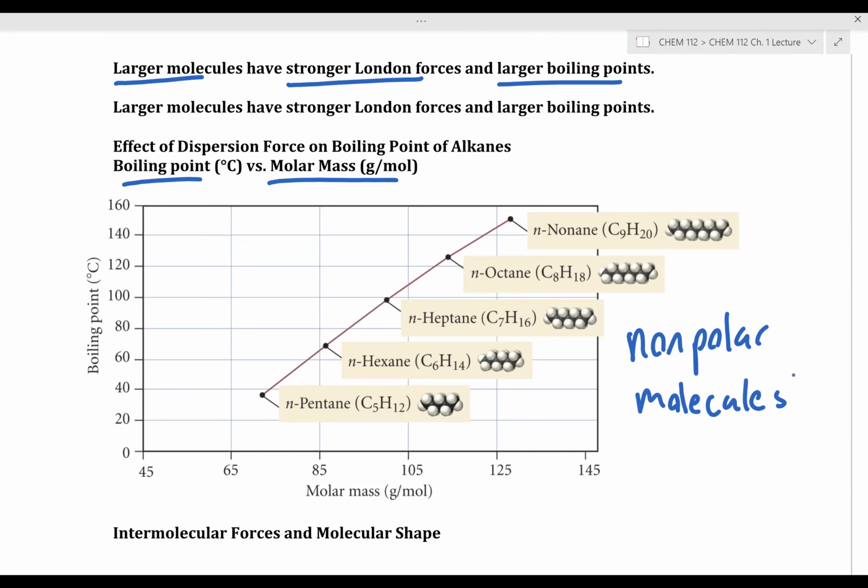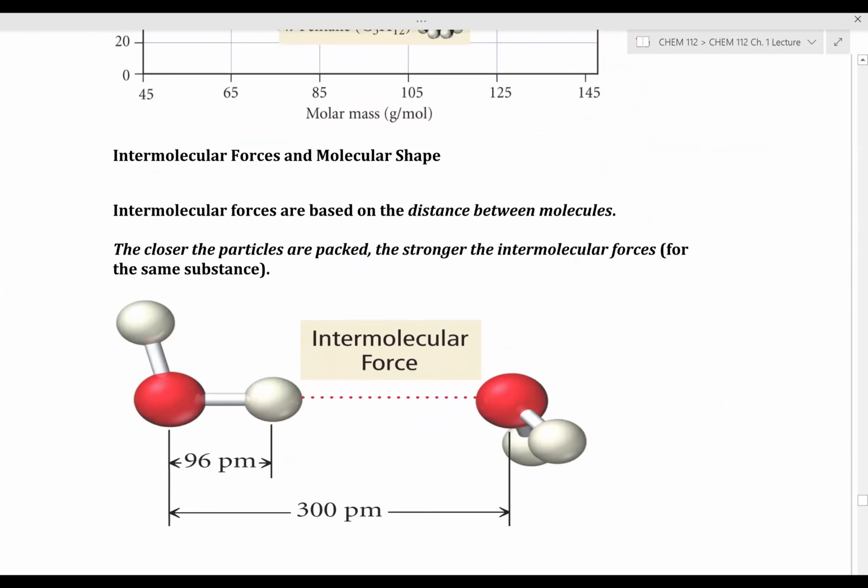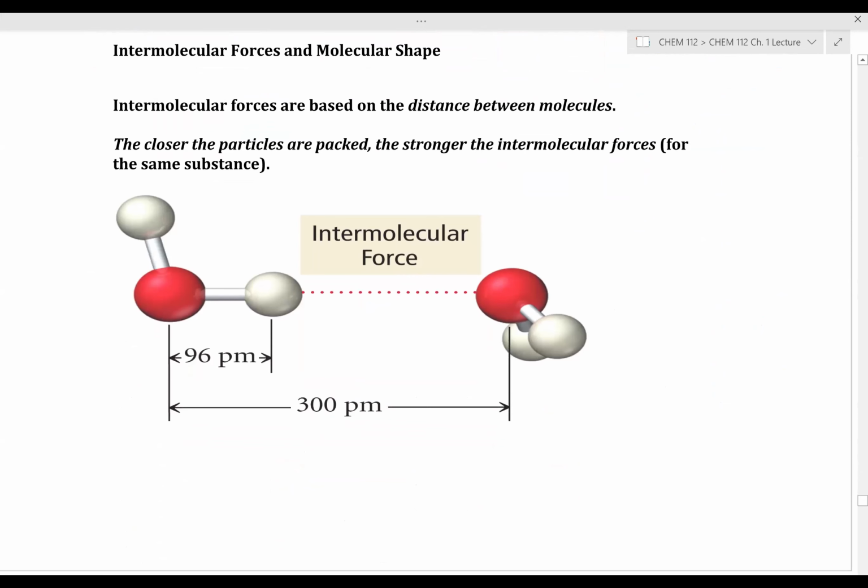Let's really just emphasize this idea of molecular shape, as you'll see some very interesting results with molecular shape and intermolecular forces when we observe cyclic molecules. So intermolecular forces fundamentally are based on the distance between molecules, right?